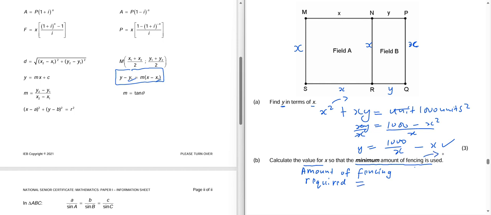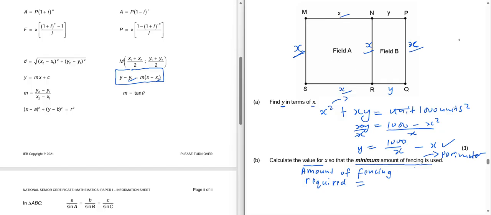This is just the perimeter. That is what you want to cover. So how many x's do you have? You have 1, 2, 3, 4, 5.